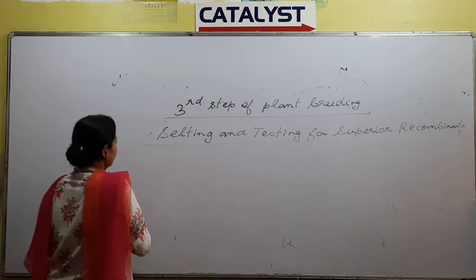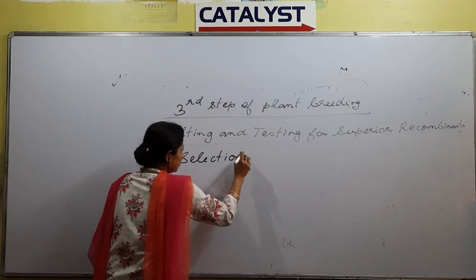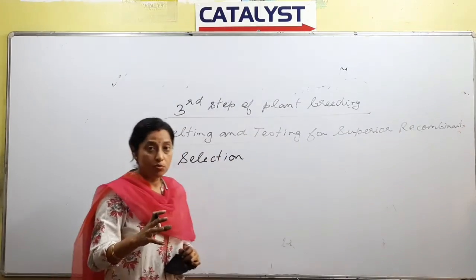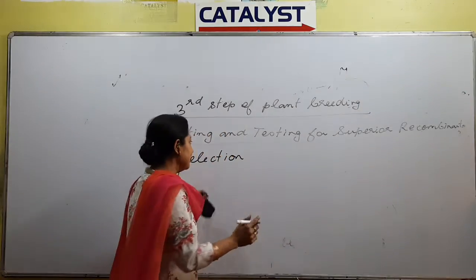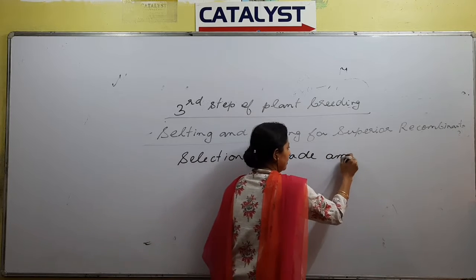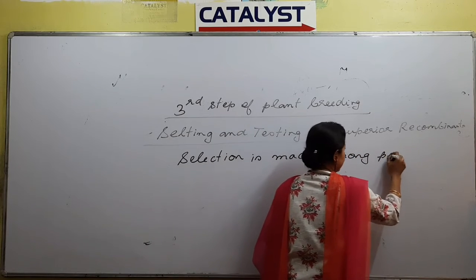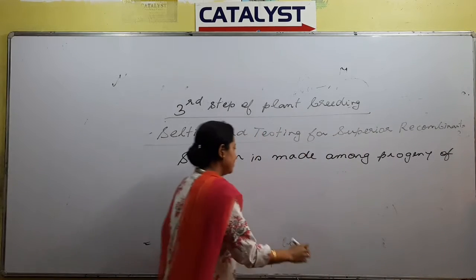So what we'll do here is selection. From the progenies that we formed by crossing, we have to select one, right? Selection is made among progeny of the hybrids.